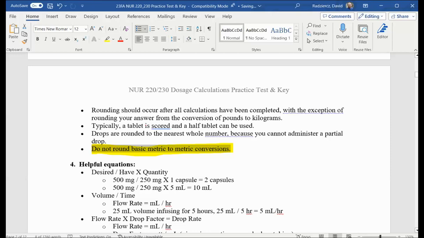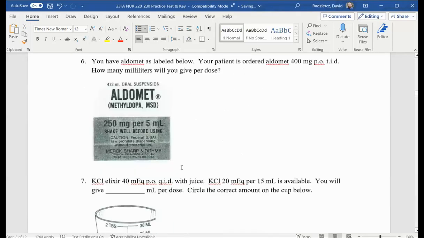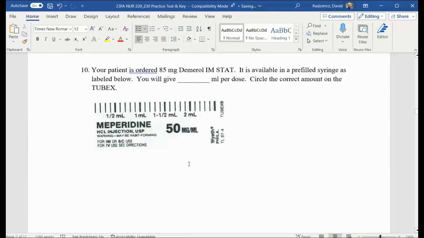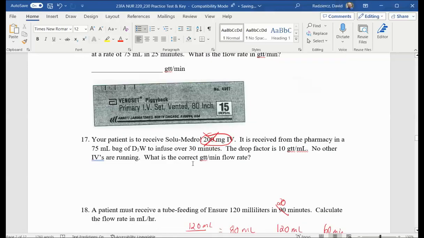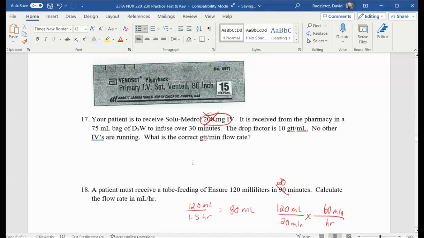Practice, practice, practice. Okay, here we go. All right, so your drop rate questions. This will be a good one to do. I'm going to change this up a little bit.